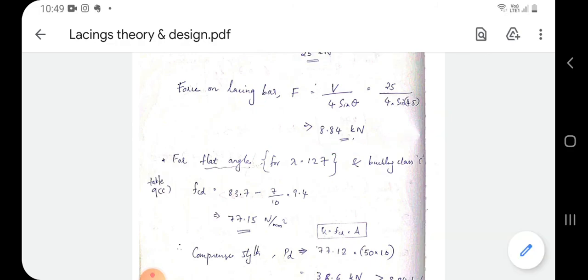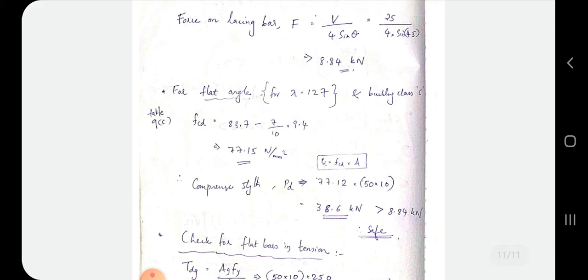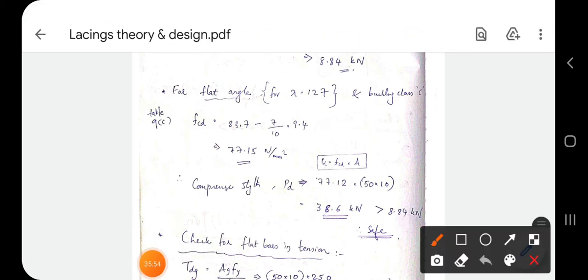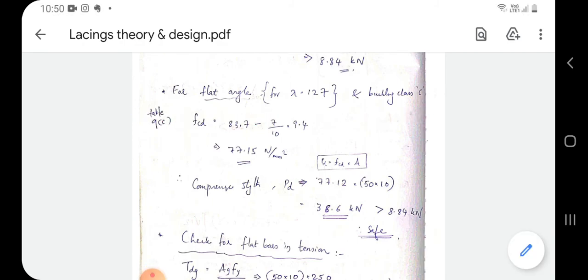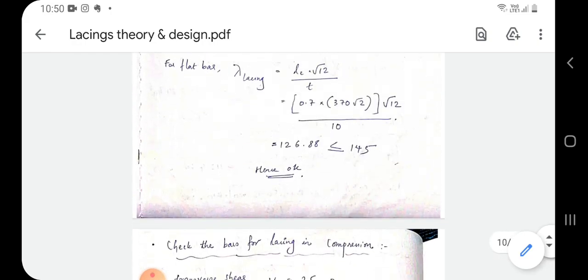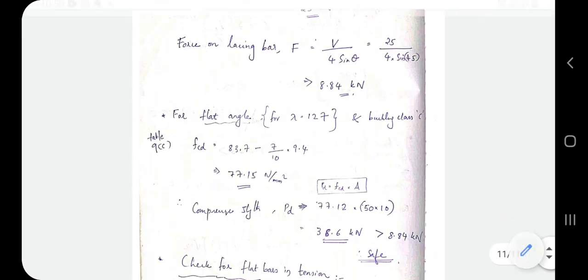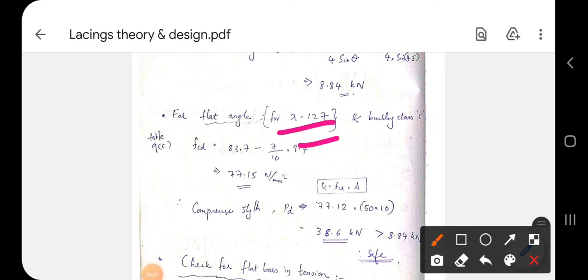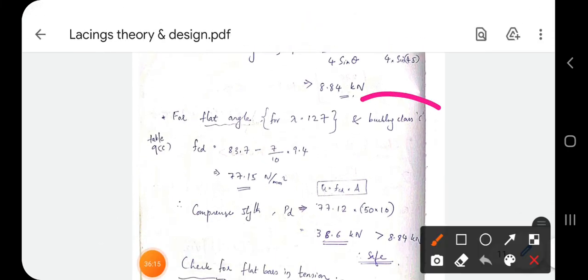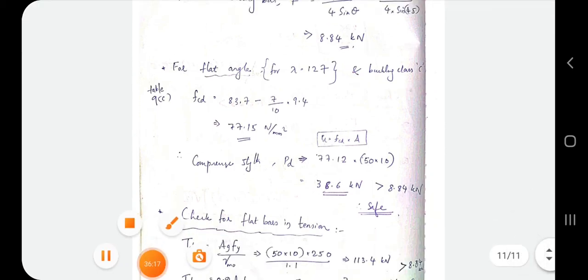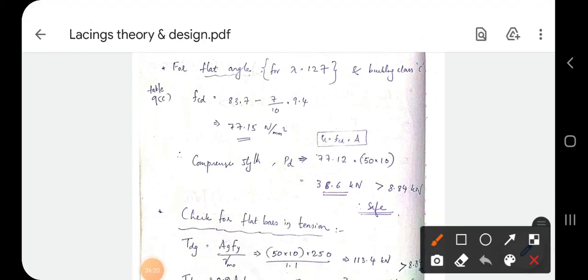Now we have to check for the compressive strength of the lacing bar. For the lacing bar, lambda is equal to 127. Today we got 126 point something, we are taking it as 127, and for that lambda, for flat angle, buckling class is C, and from Table 9C we will find the fcd value, which is equal to 77.15.